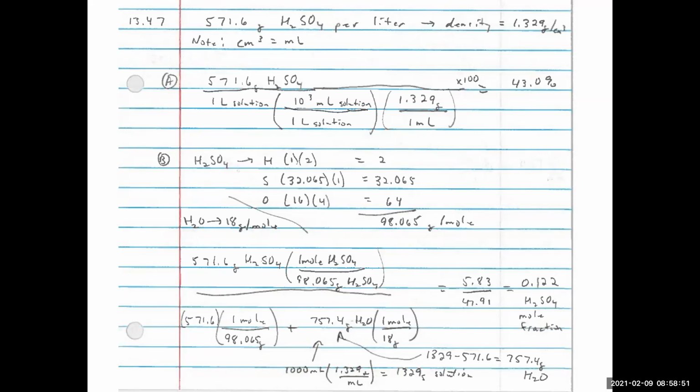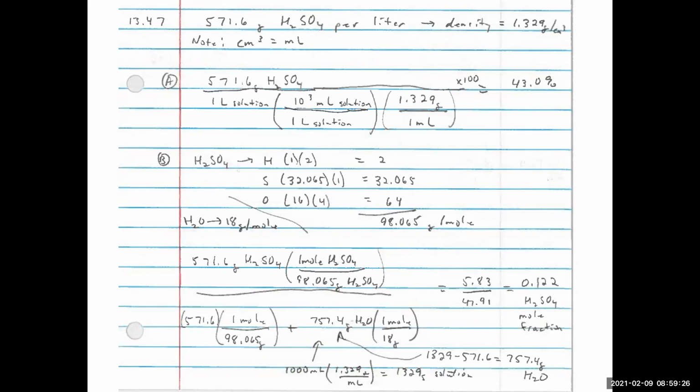So to get our moles of water, we had the grams of the sulfuric acid that we had to find out. And then we had the total grams, and we had to subtract the grams of the sulfuric acid.